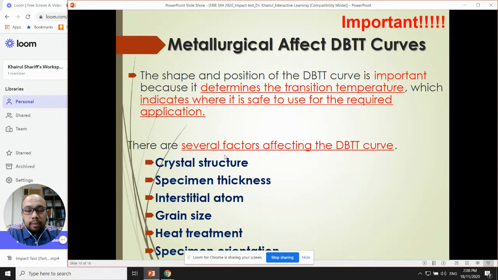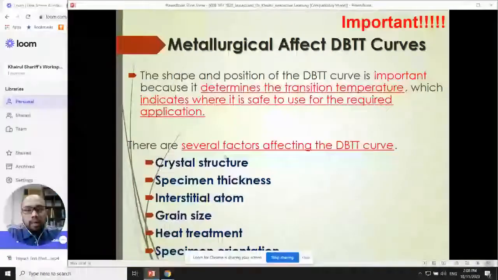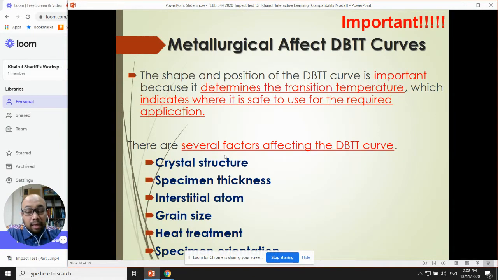So when you try to produce an alloy from a metal, you need to add an additive inside. This interstitial atoms arrangement might affect the DBTT curve performance.